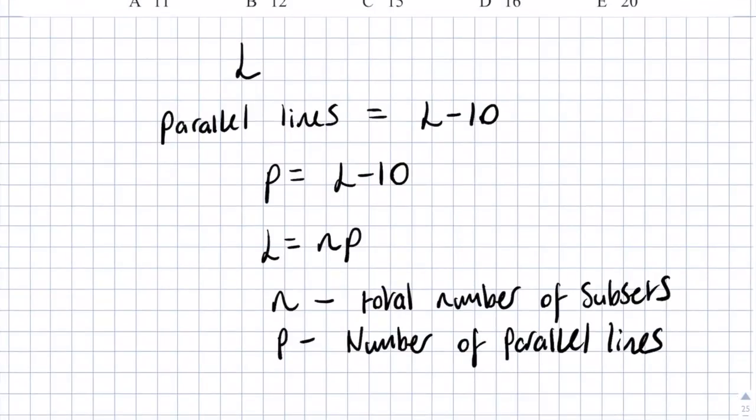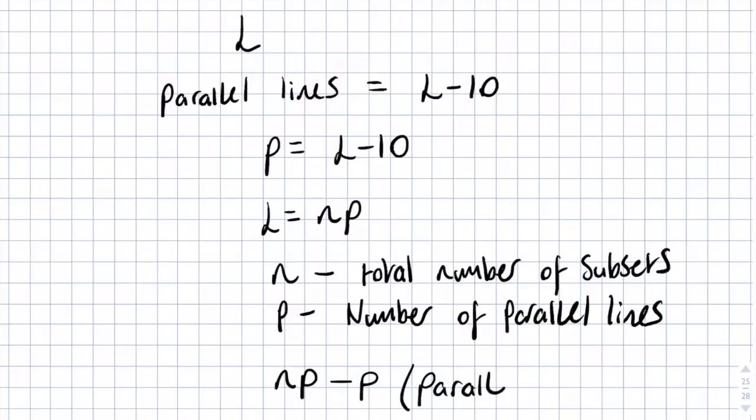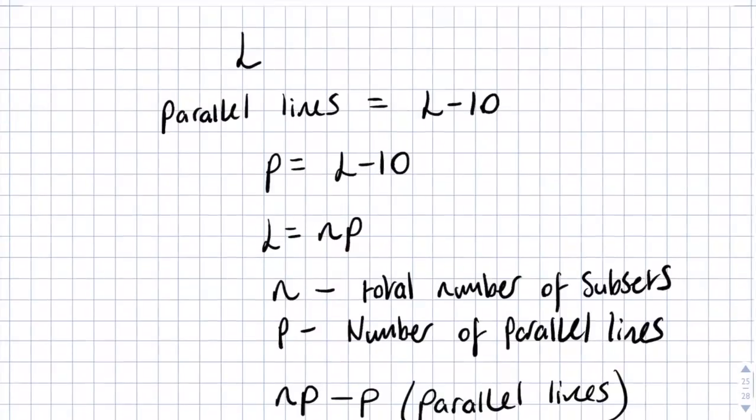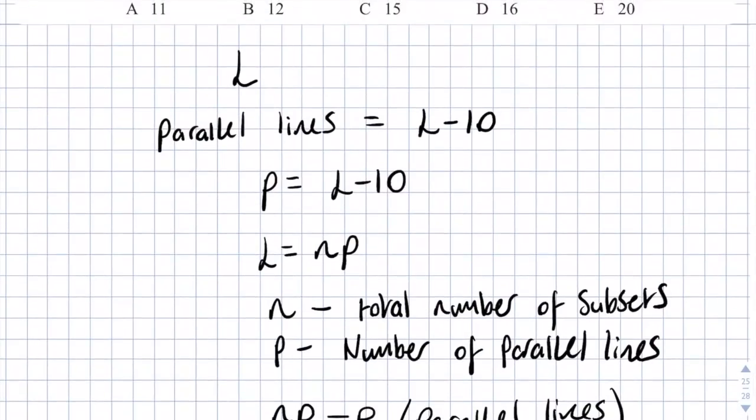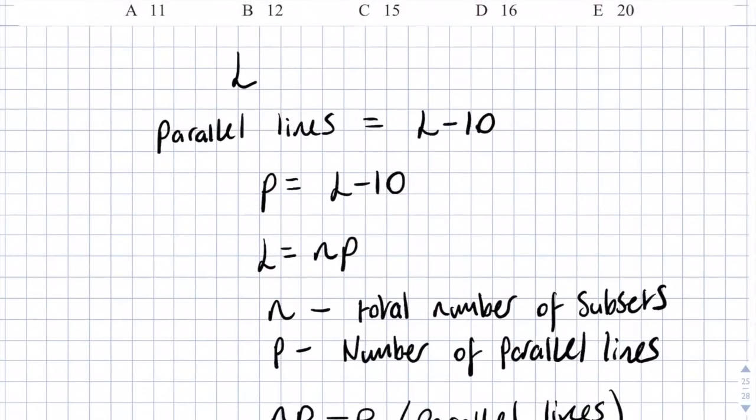So within the whole set, if we say that there are nP lines, then surely there must be nP minus P parallel lines. And if there's nP minus P parallel lines, we can say that nP minus P lines in a set is equal to the 10 other intersections.